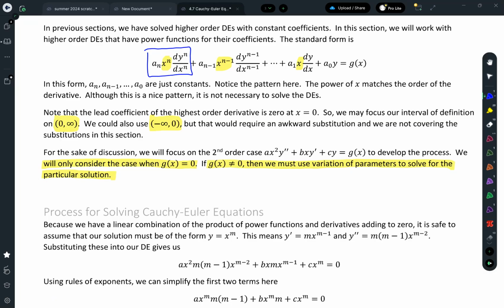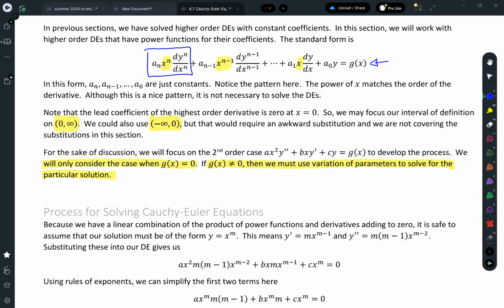So here's our process. In looking at this differential equation, the standard form that's up here, seeing that there are x's to powers next to each of the y's and y prime and y double prime and so on, that leads me to believe that maybe y is not e to the mx.